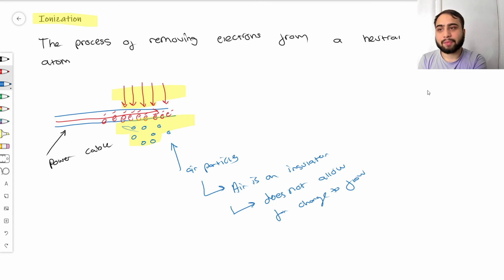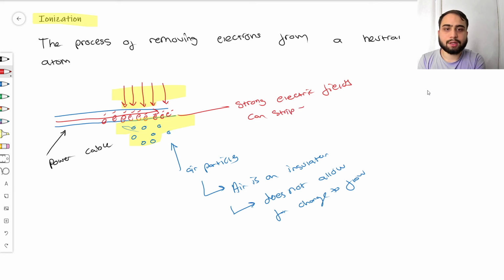So let's write that down. Strong electric fields can strip electrons away from neutral particles.